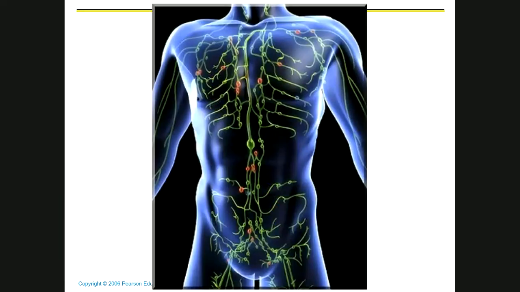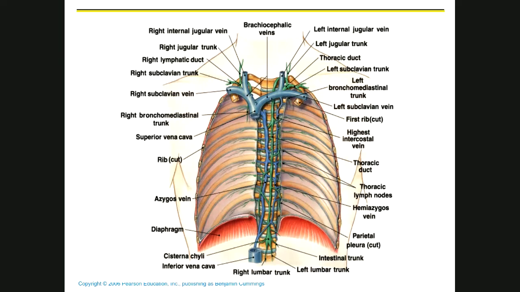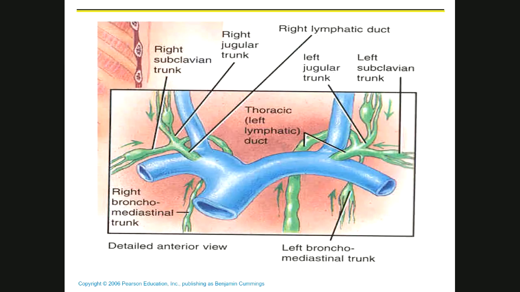It would be right in there somewhere. But it's going to drain all of this. So here it is, right here. There's the right lymphatic duct. If we blow that up, it looks like this. There's the right lymphatic duct. So look, there's a trunk, and there's a trunk, and there's a trunk. They're going to merge to form this right lymphatic duct.